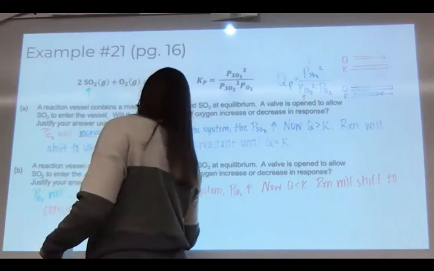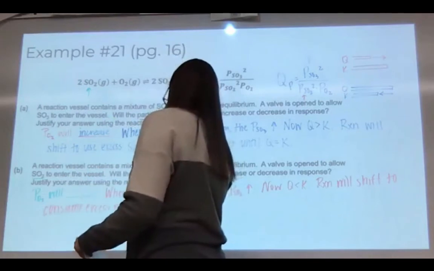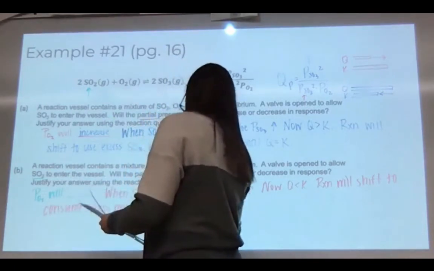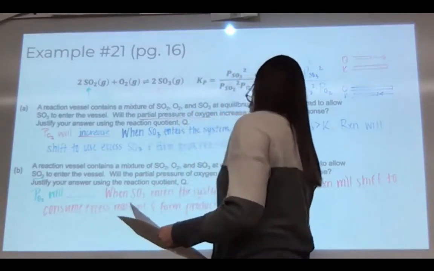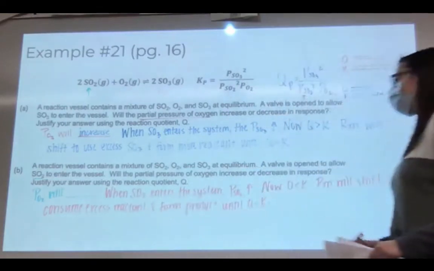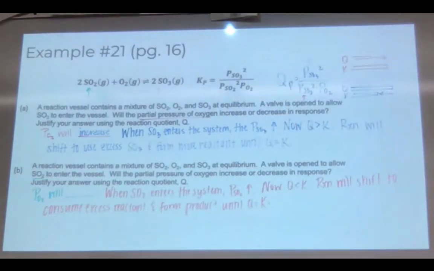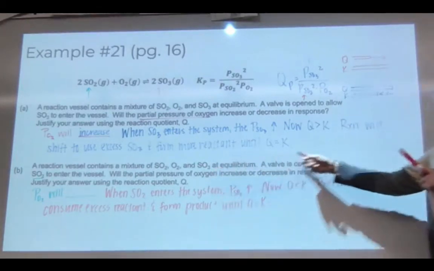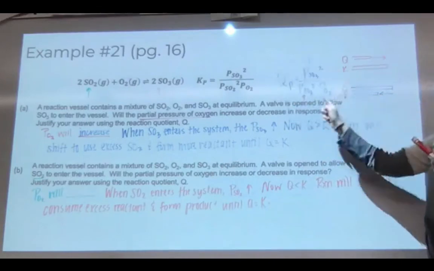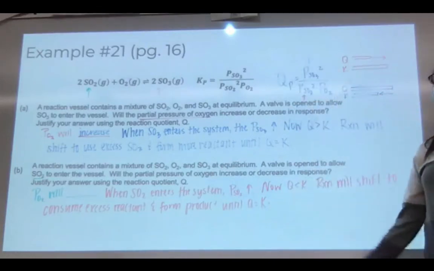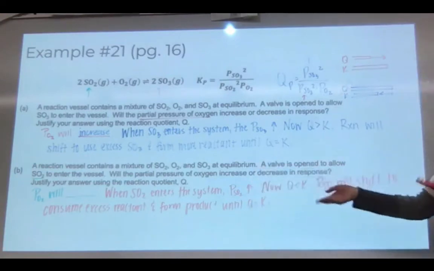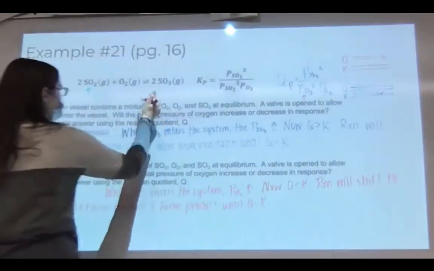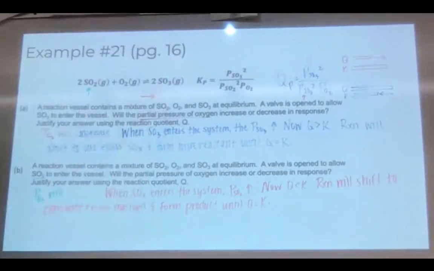So we have to use up that extra reactant that we've added and form product until Q equals K. So our justification using Q, it's just looking at whether Q is greater than, equal to, or less than K. So if it's going to consume excess reactant and form more product, the arrow is going to look like this.